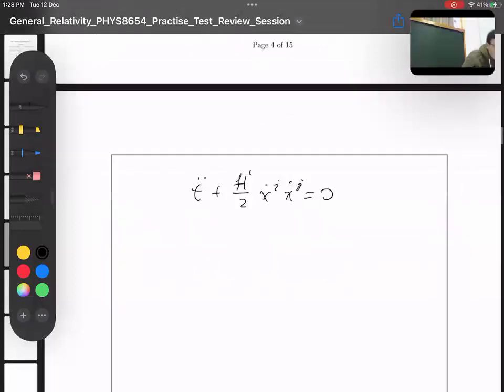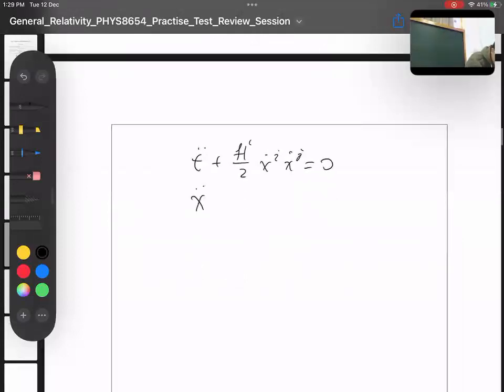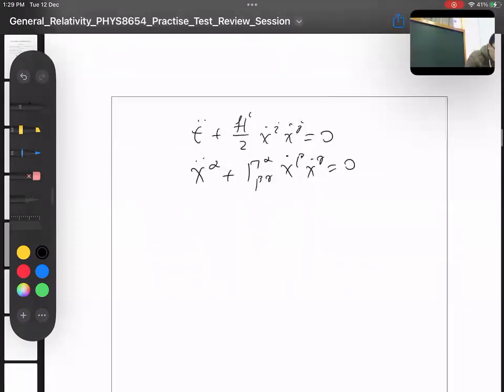So why do I do this? If you compare to the geodesic equation with the Christoffel symbols, you can see that this term here is precisely gamma t ij.